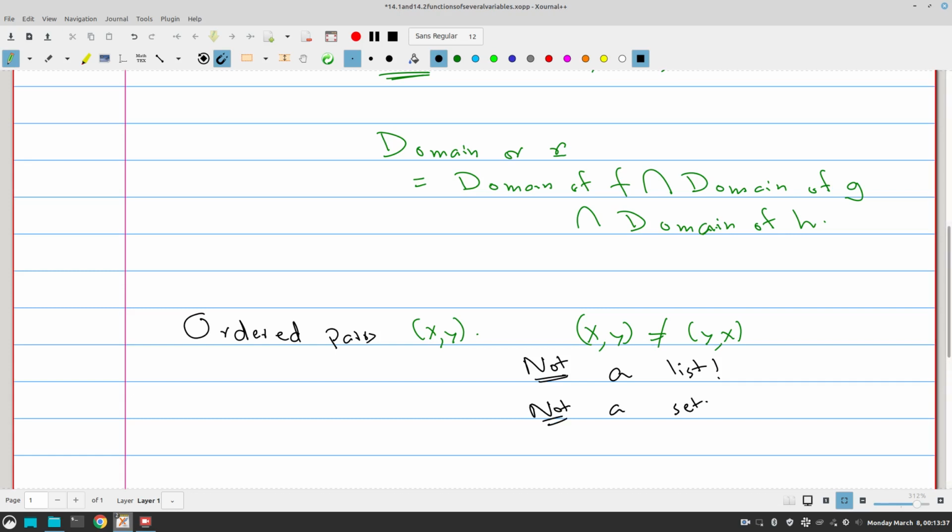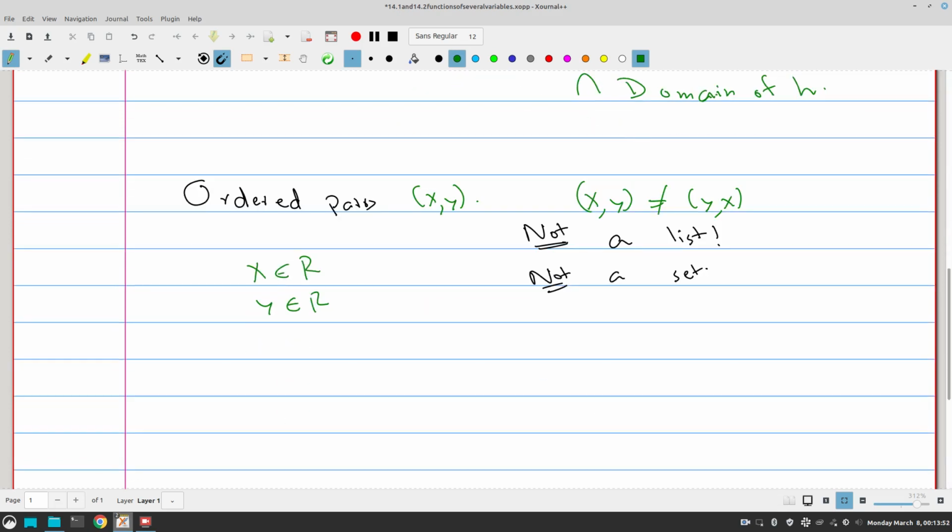So these are ordered pairs, and of course x is taken from the reals, y is taken from the reals. So (x, y) is taken from R2, meaning this is the Cartesian product of R and R.